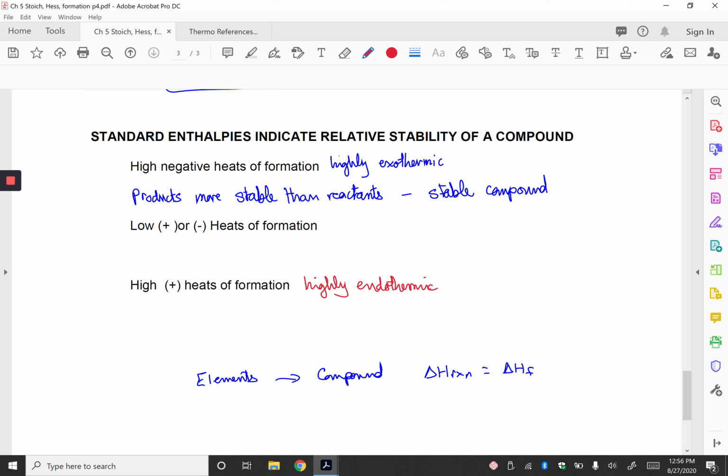So in an endothermic process, products are less stable. They have higher potential energy, so less stable than the reactants, which means that this compound is very reactive, not very stable, readily decomposes or readily reacts.